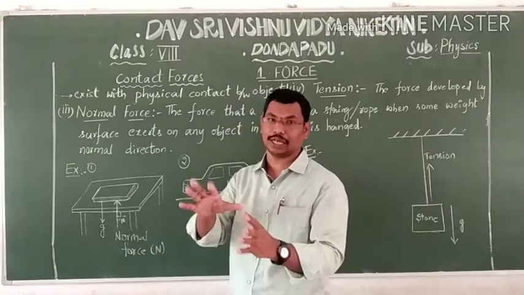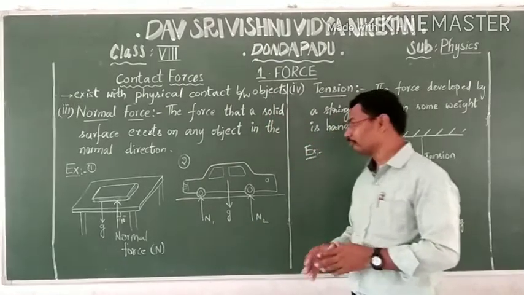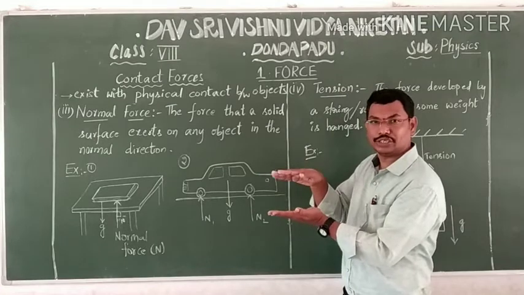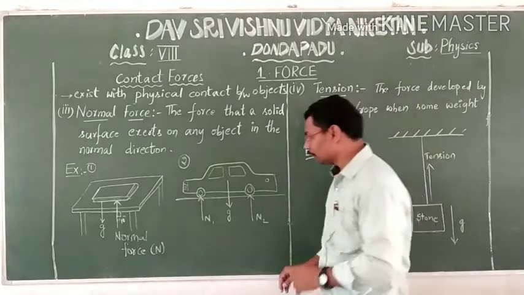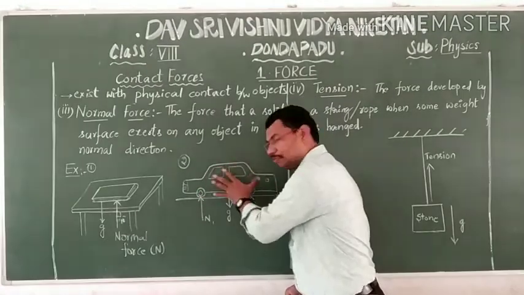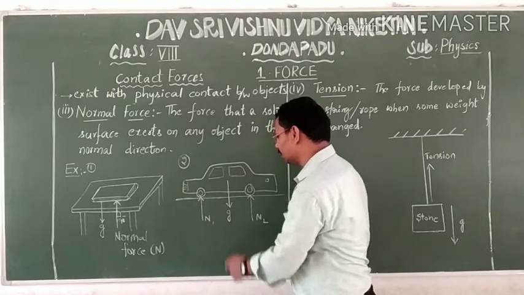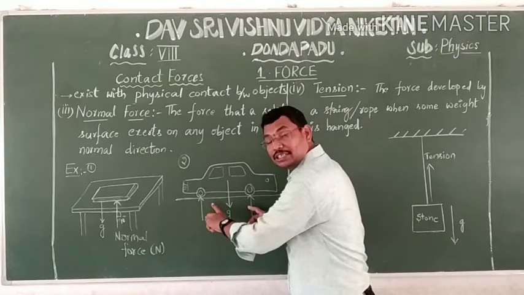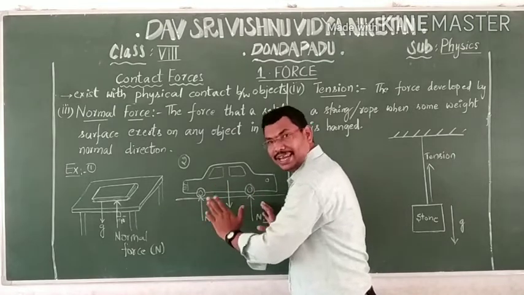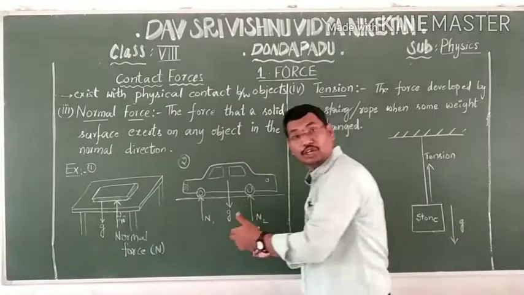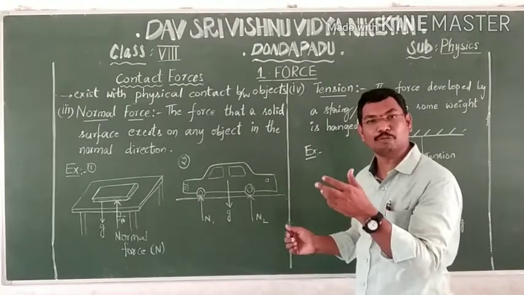Coming to this one, a car is on the road, then it is parked, so it is stationary, not moving. Now what happened? All the weight of the car is in the form of gravitational force, and this gravitational force is balanced by the normal forces at the points of contact. See, normal force always acts at the point of contact.